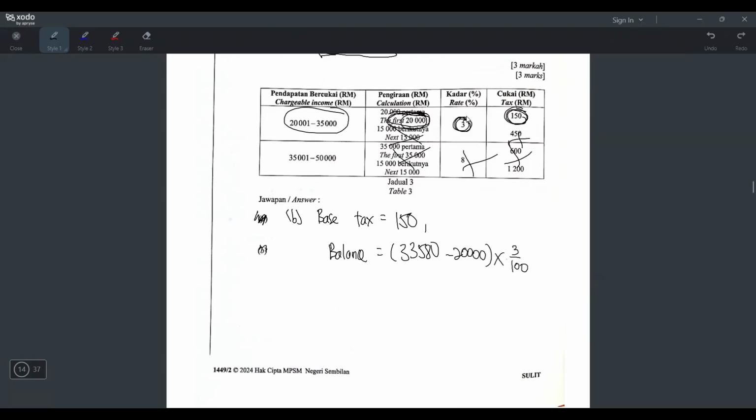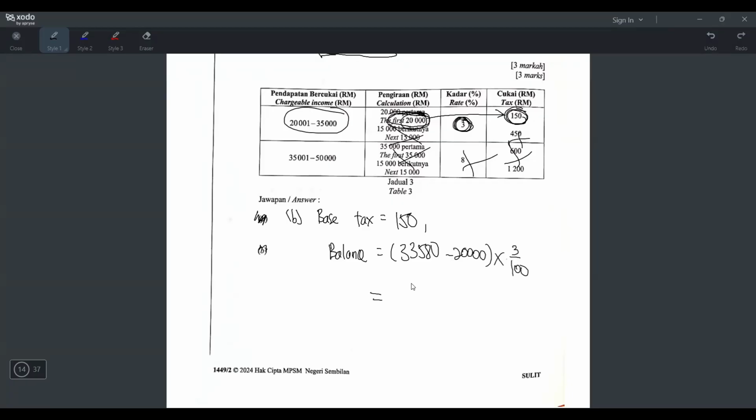By the way, this 3 is for the one below, not for the first 20,000. I repeat, the 3% is not for the first 20,000. The first 20,000 is 150. The 3% is for the balance. So you take 33580 minus the first 20,000, get the balance, and then times 3%. Now we can press the calculator.